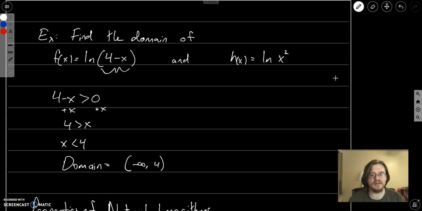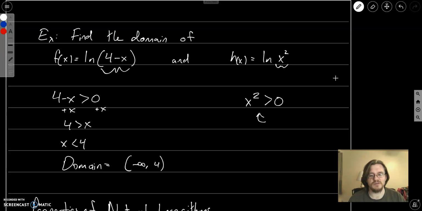Here I have the natural log of x squared. So again, I need what I'm plugging into my logarithm, which just so happens to be a natural logarithm, to be greater than 0. Now, if we think about this for a second, when is the number squared going to be greater than 0? Well, if I put a positive number in here, a positive number squared is positive. But also, if I put a negative number in here, a negative number times a negative number is also positive. The only thing I can't plug in here is 0, because 0 times 0 is 0.